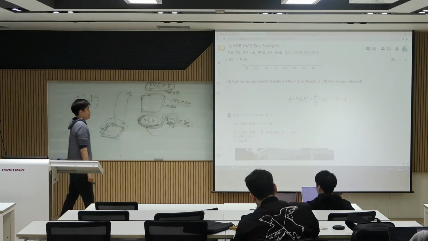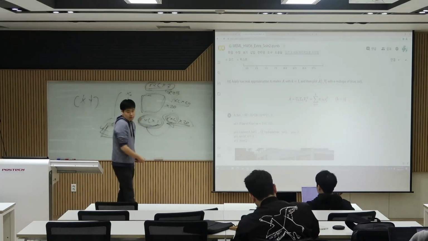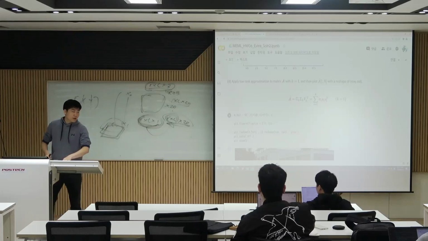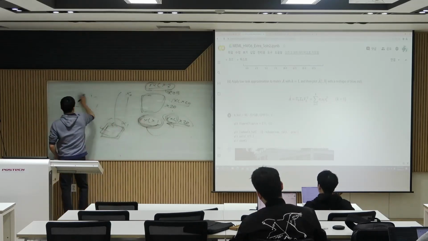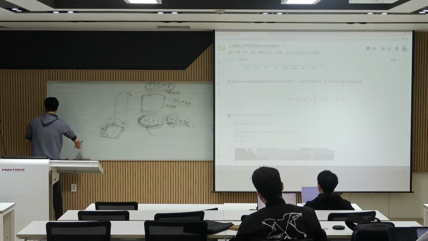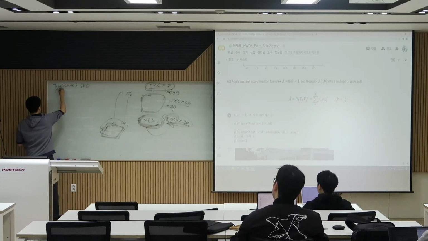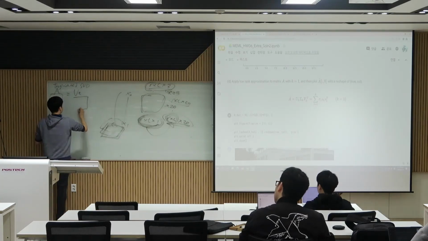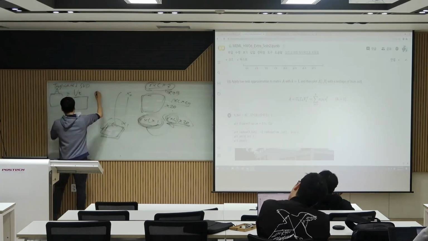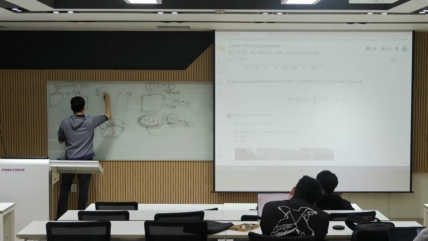So A hat. This is also called truncated SVD. I'm not sure if Professor Lee has mentioned this before. So truncated SVD is basically A dash is equal to U_T S_T V_T, where T means truncated.